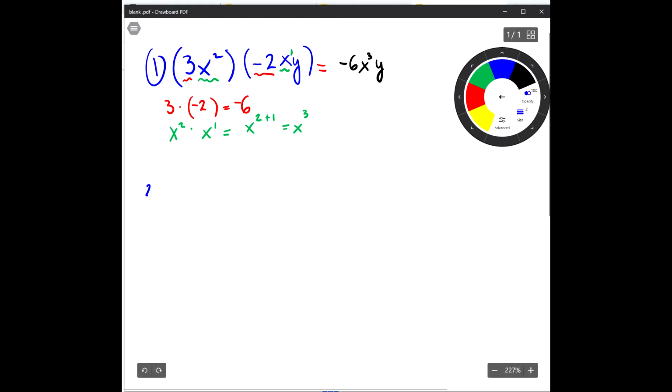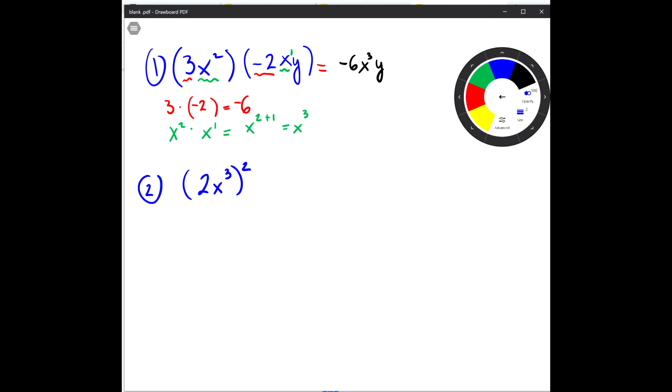example number 2. What if now I have 2x to the third and then squared outside? What does it mean? Square outside, whenever we have the parentheses and raise the power, that means we have that many copies of the same thing inside the parentheses.